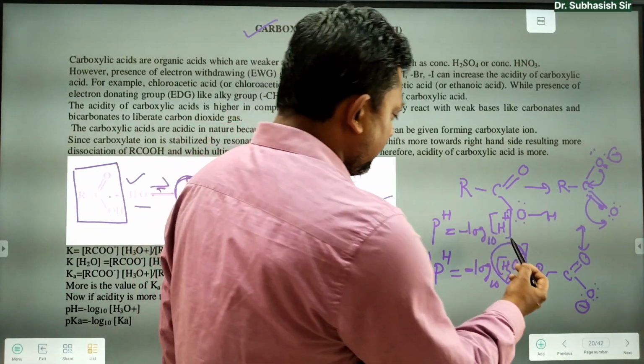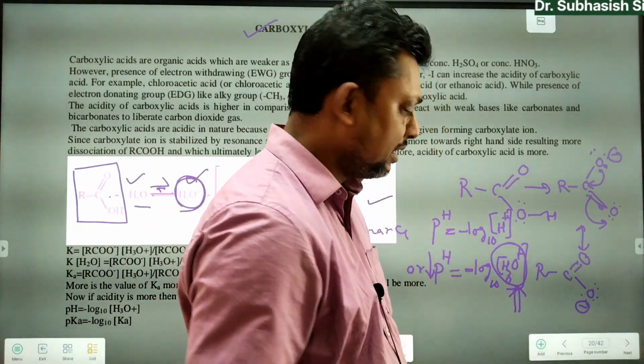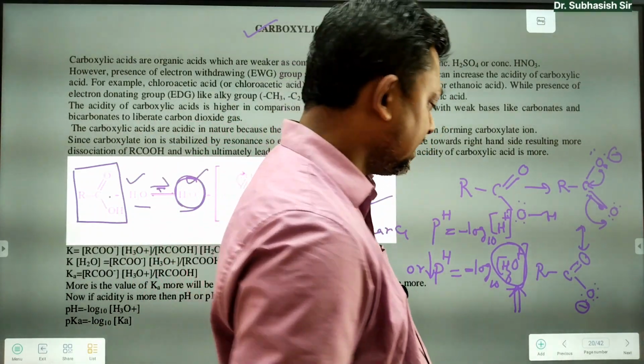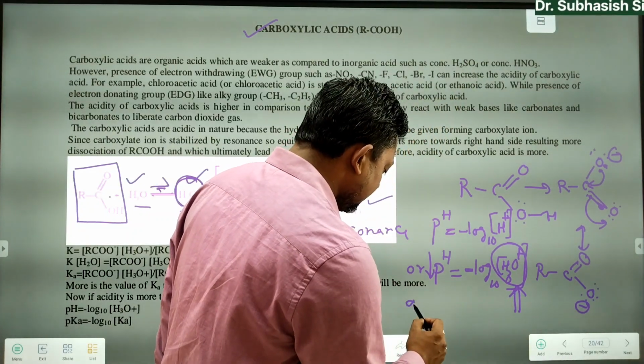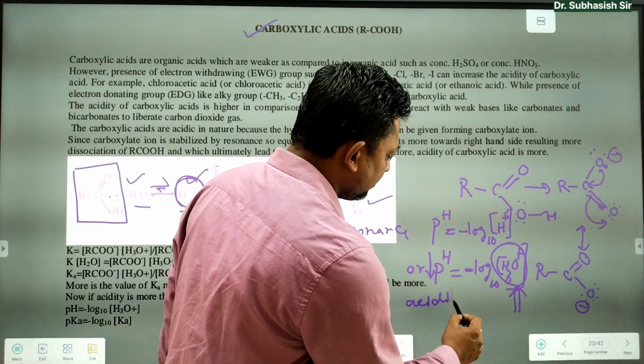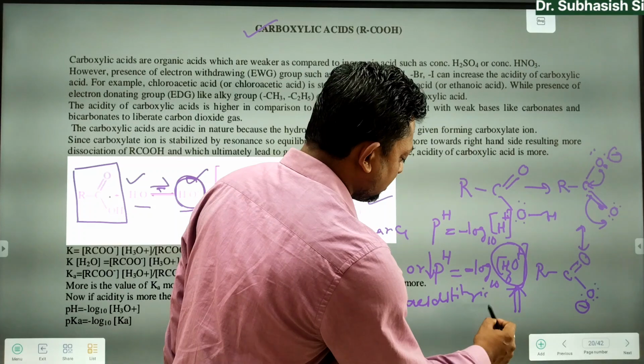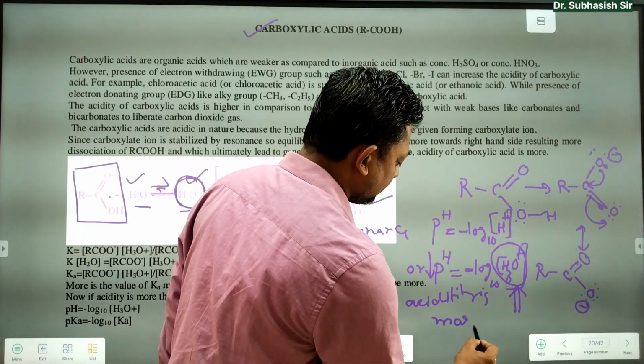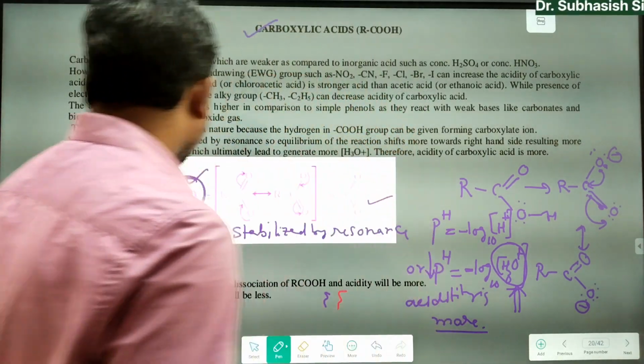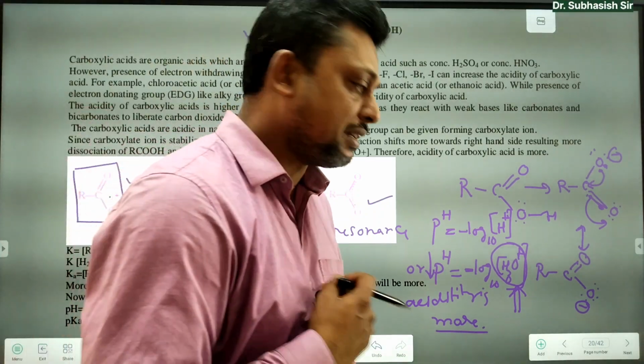So if hydronium ion is more, then pH is less, and if pH is less, acidity is more. That's why these carboxylic acids are acidic in nature.